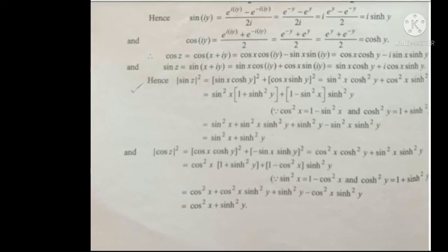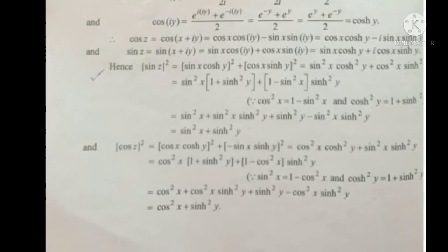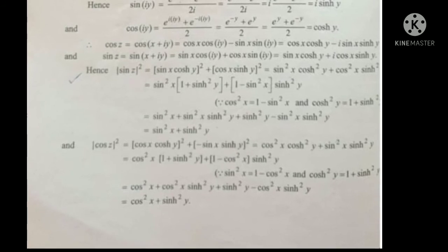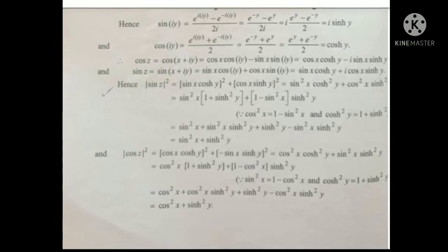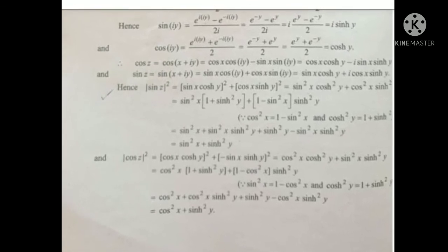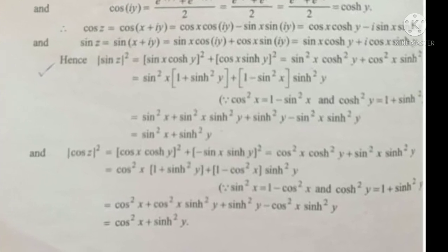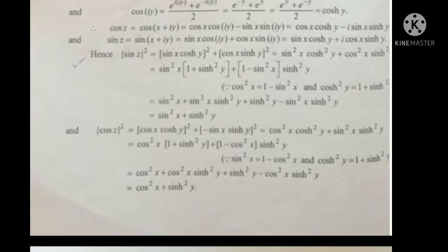Now we can find the value of |cos z|², which is equal to (cos x cosh y)² + (−sin x sinh y)², which is equal to cos²x cosh²y + sin²x sinh²y, which is equal to cos²x(1 + sinh²y) + (1 − cos²x) sinh²y.